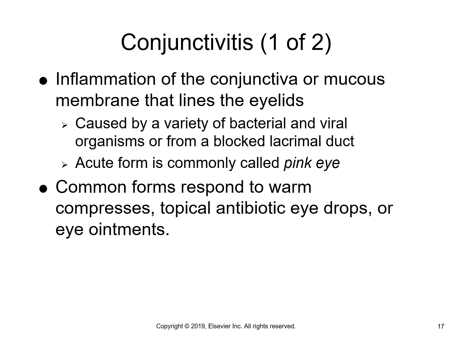Okay, common forms respond to warm compresses, topical antibiotic eye drops, or eye ointments. Warm compresses, how can they help? They help because warm compresses can loosen the mucus and remove the crust, because conjunctivitis will have all of that drainage coming out from the eyes, and because it's an inflammation, an infection, there's going to be drainage, and it may even have crusts in the eye.